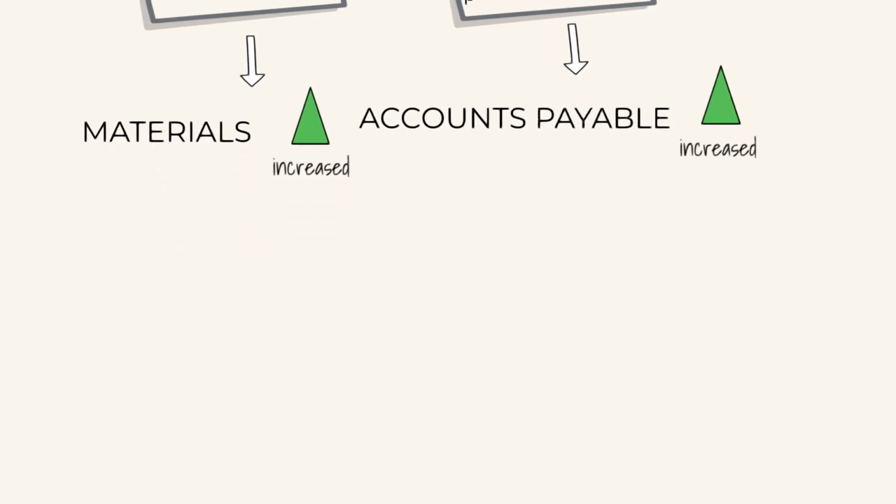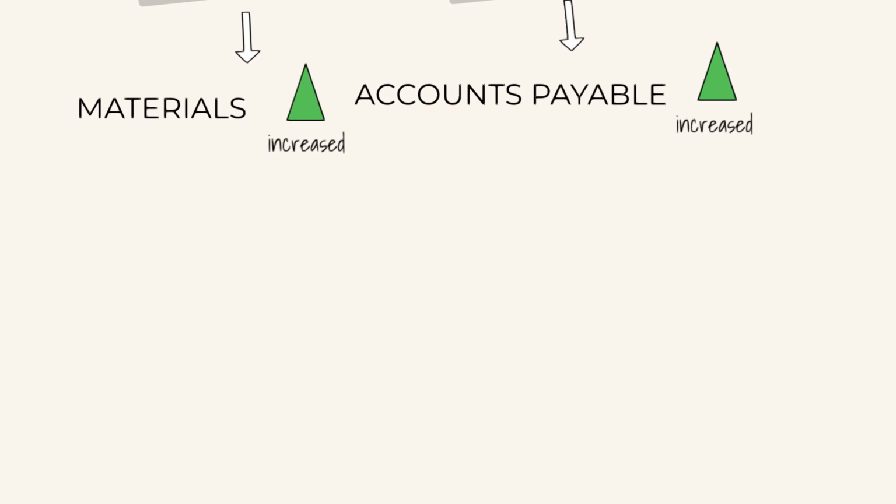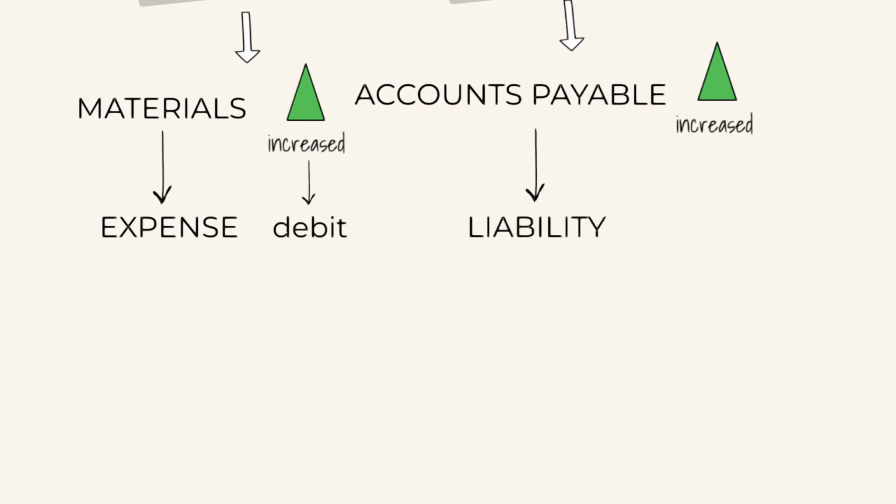Because the materials increased by $2,000, the materials account is generally an expense account, so the increase on an expense account is debit. Therefore, we need to debit the materials account for $2,000. The accounts payable increased by $2,000. Accounts payable is a liability account.